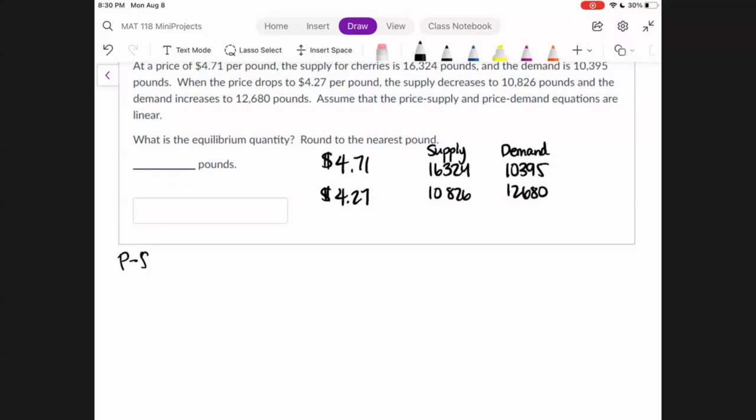So we're going to use 16.324, comma, 4.71, and then we're going to use 10.826, 4.27. So we've cut it from like 16,000 to like 16 point something. So it's just in terms of thousands of pounds.